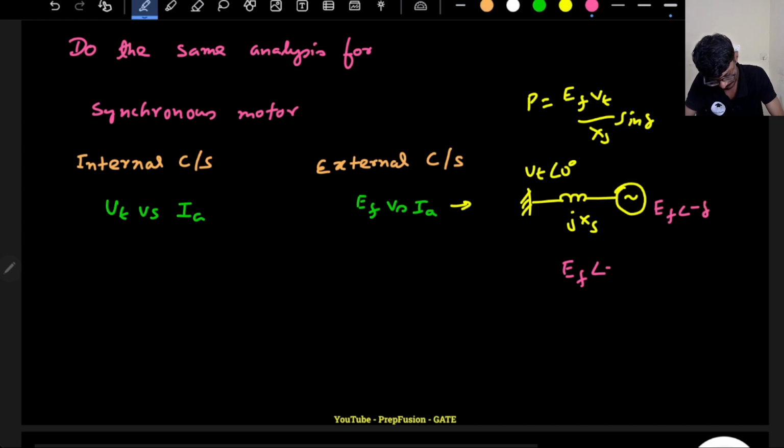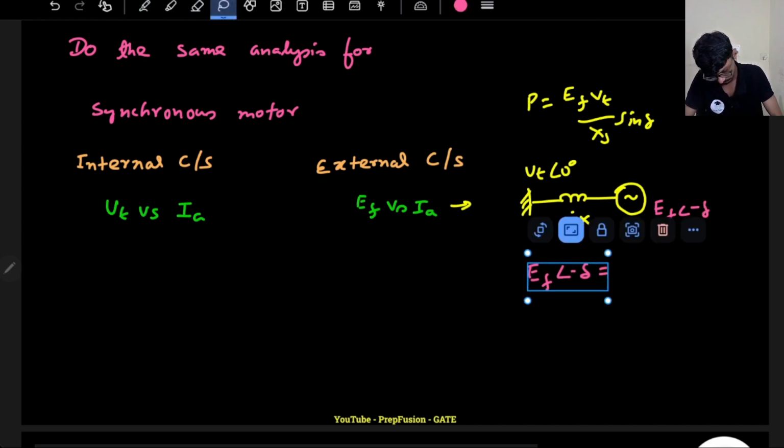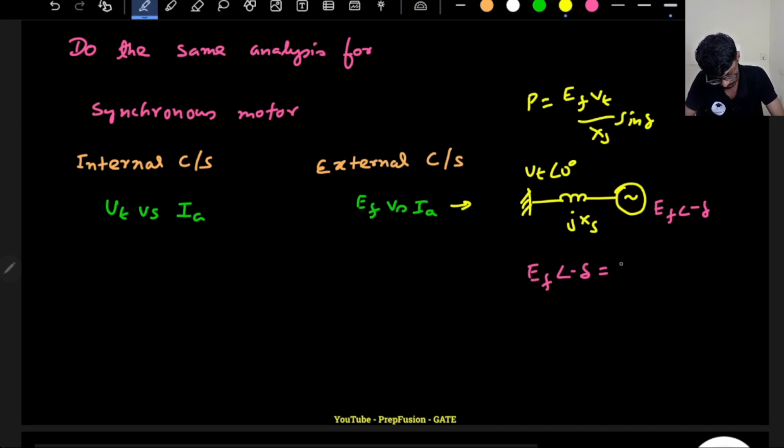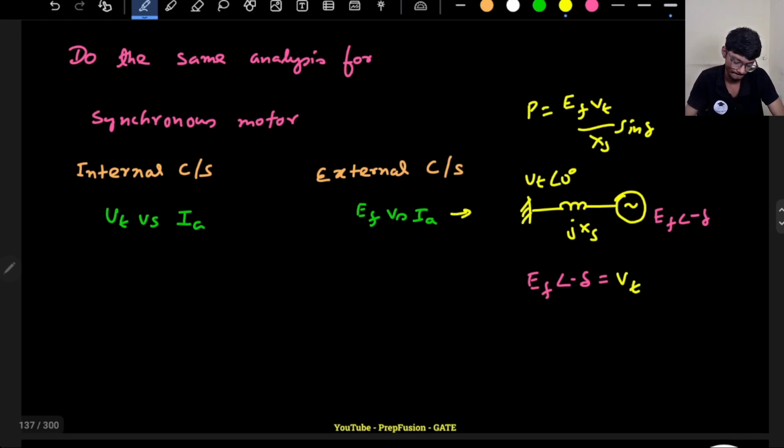So EF angle minus delta will be Vt angle 0 minus j IA XS. Okay, this will be the equation.